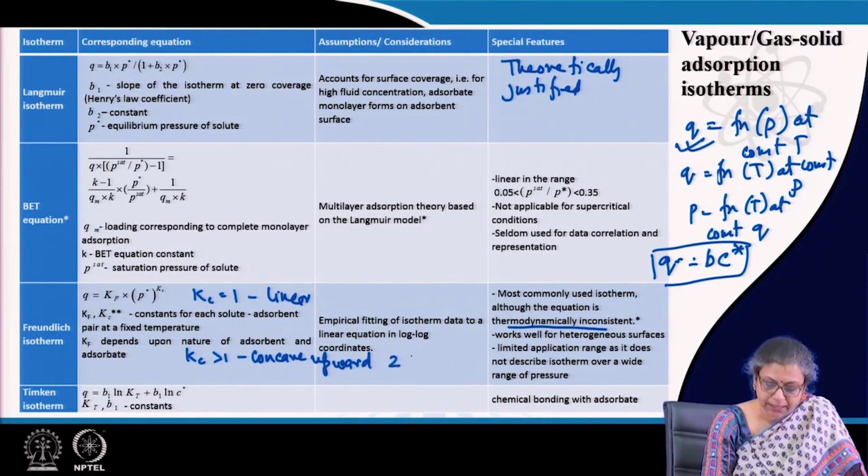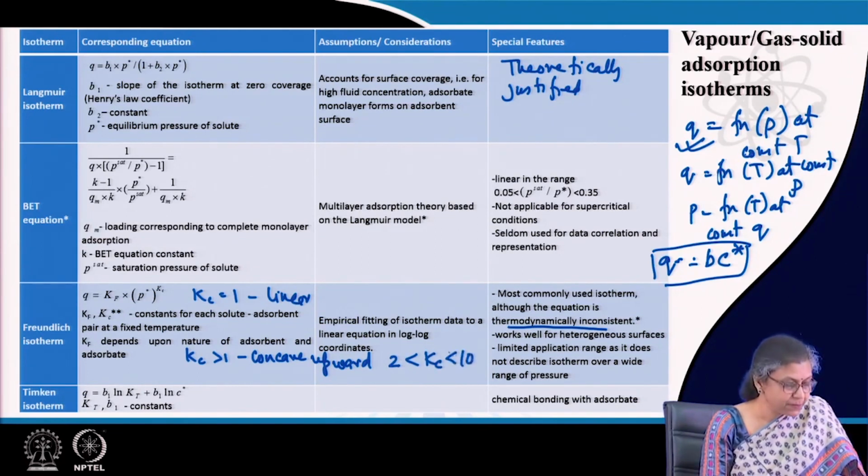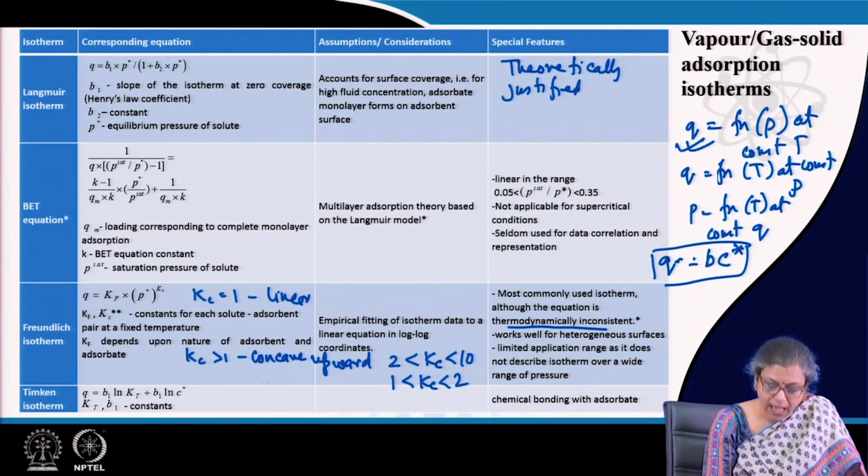Normally, 2 less than Kc less than 10 predicts very good adsorption capability, and 1 less than Kc less than 2, that means a value of Kc between 1 and 2, represents moderately difficult adsorption capacity. If Kc is less than 1, then definitely it shows very poor adsorption capacity.